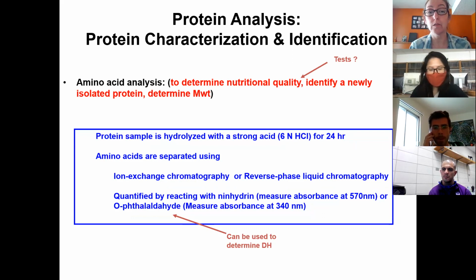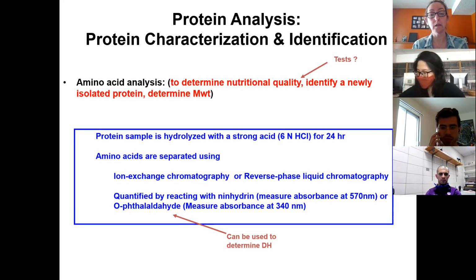So how do we determine that? The most common method is hydrolyzing with a strong acid for 24 hours. So 6 normal HCl, you break down all the peptides, you end up with free amino acids, and the amino acids get separated by reverse phase chromatography, or ion exchange, but mostly it's reverse phase chromatography.